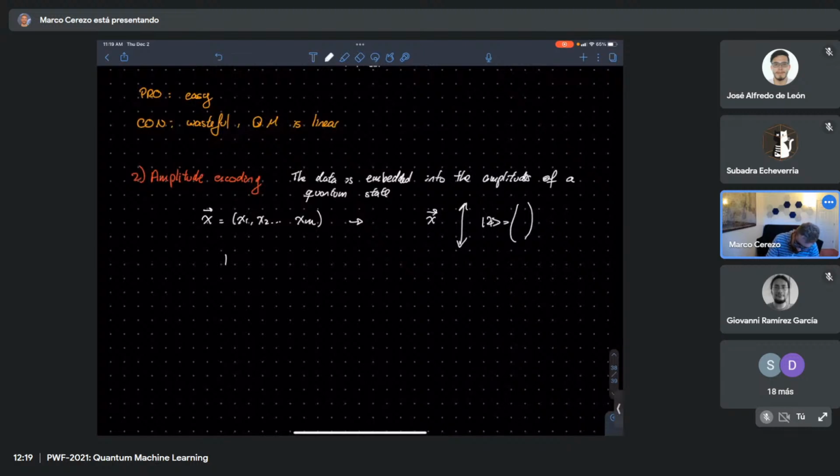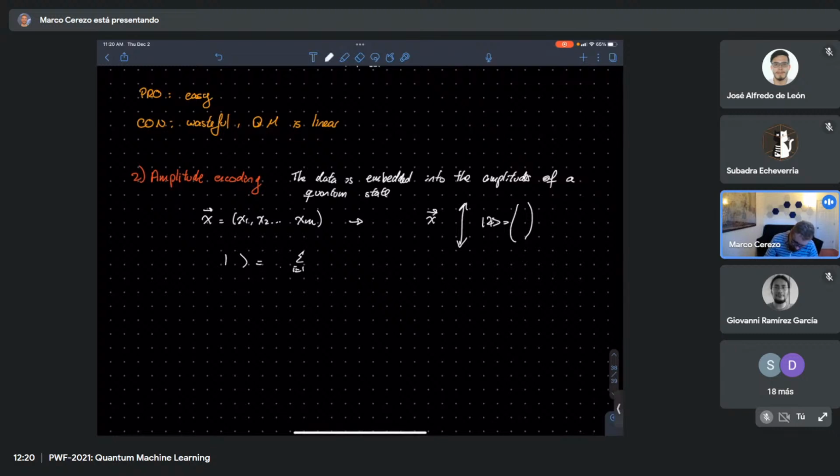This allows us to write, for instance, the state of our data set as 1 over the size of S, summation over i, going from 1 to, sorry, this is the state associated with qubit 1. Sorry, let me just go back here.